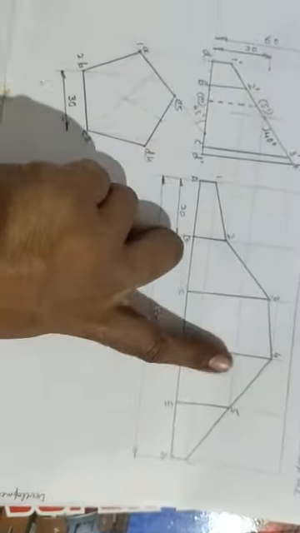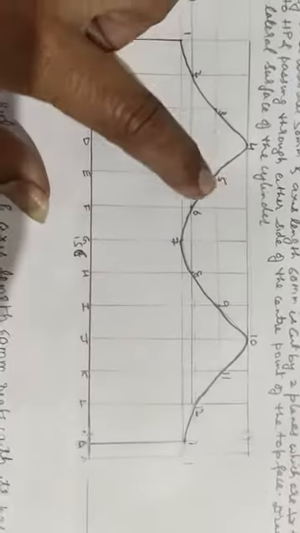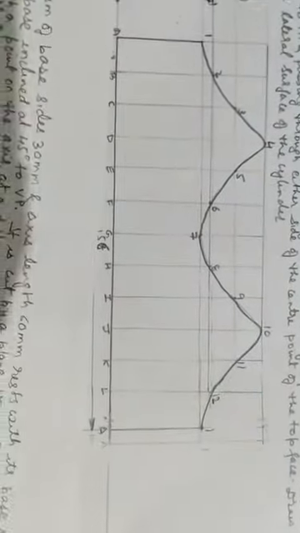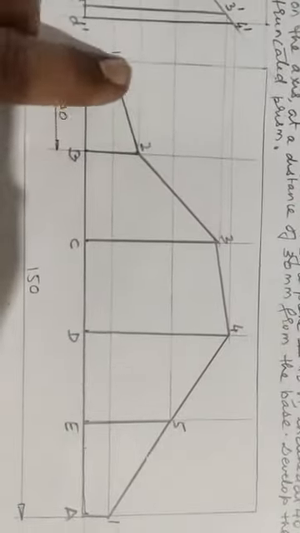But since the cylinder is a curved surface, you will get a curve. The same holds good for a cone. Whenever I cut a curved surface, the remaining part will be a curve itself. Is it clear? So remember, for a cylinder or a cone you will get a curve. For prisms and pyramids you will get straight lines.